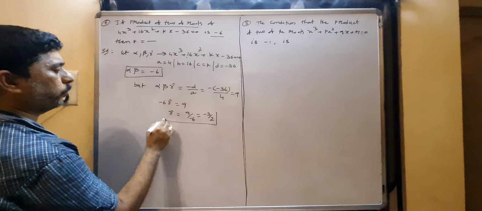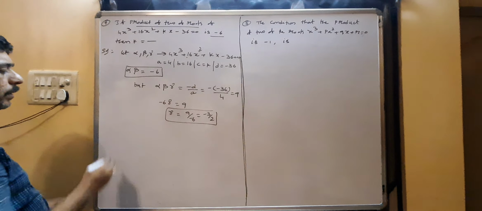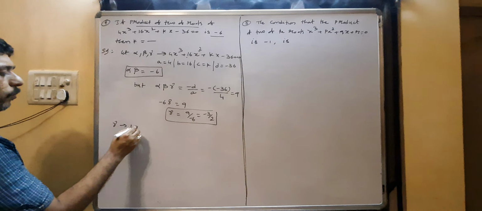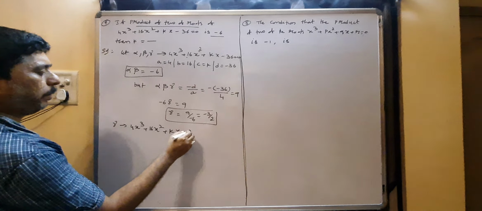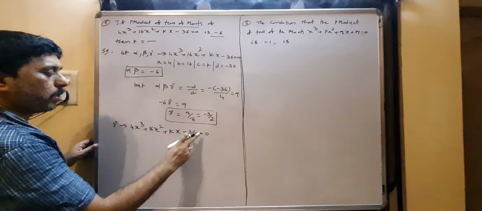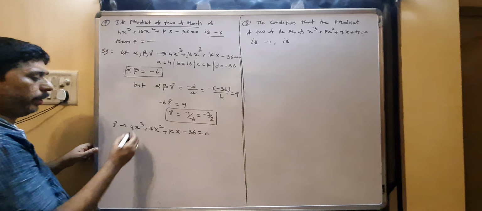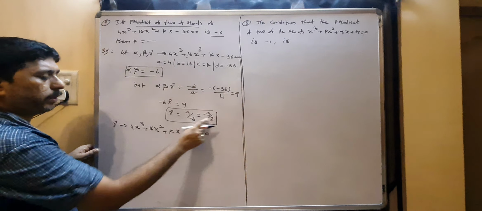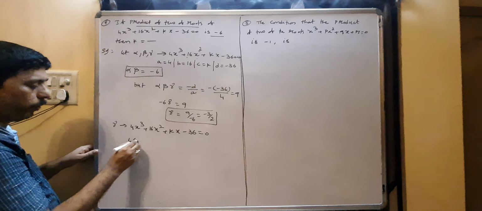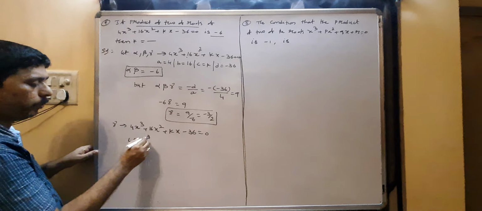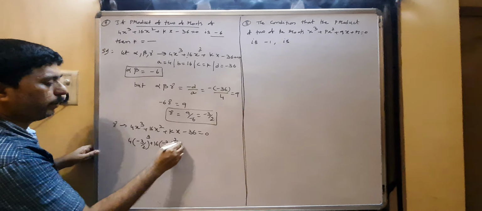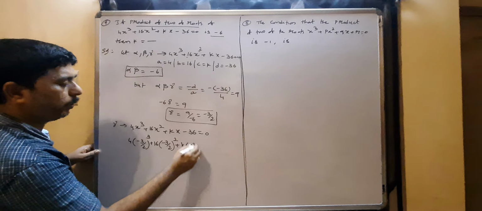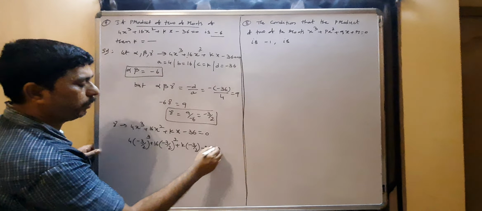Since gamma is a root of 4x cube plus 16x square plus kx minus 36 equal to 0, substitute minus 3 by 2 in the place of x. 4 into minus 3 by 2 whole cube plus 16 into minus 3 by 2 whole square plus k into minus 3 by 2 minus 36 equal to 0.